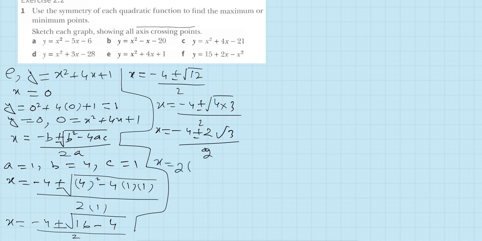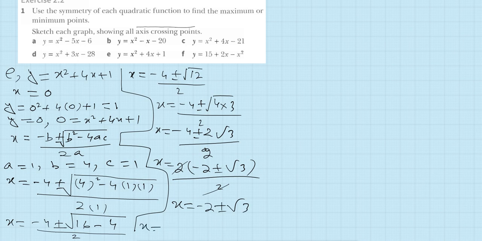Taking 2 common, it will be minus 2 plus minus root 3 upon 2. This 2 cancels by this 2. So x equals minus 2 plus minus root 3.